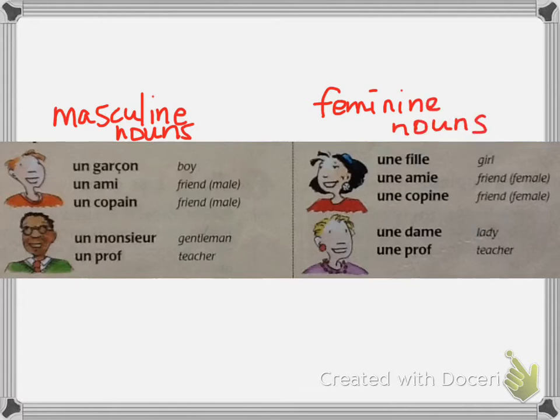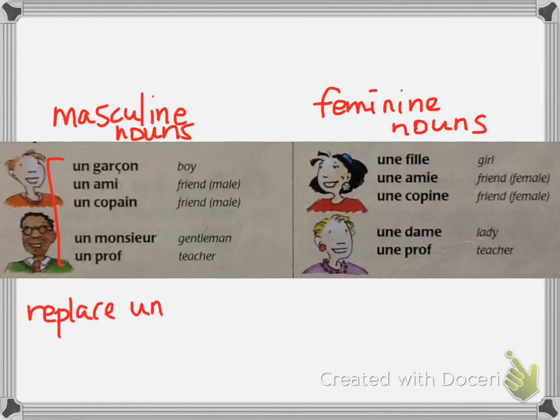So, literally, all of these here translate as a boy, a male friend, a gentleman, a teacher. And over here, for the girls, it's a girl, a female friend, a lady, a teacher.